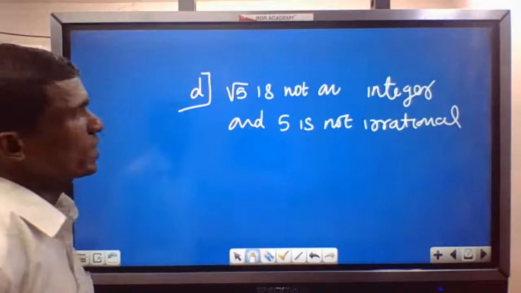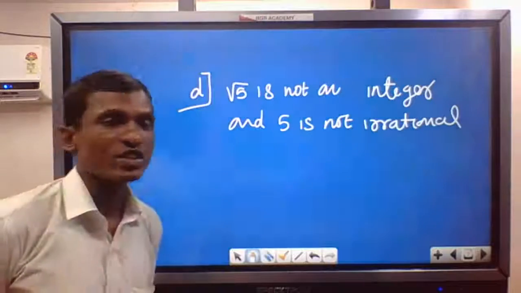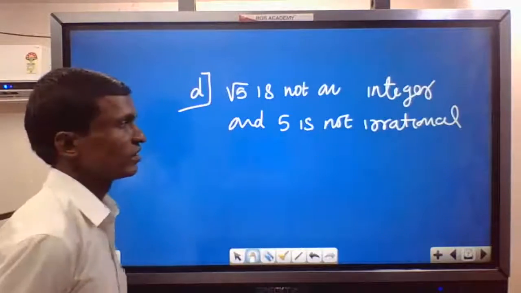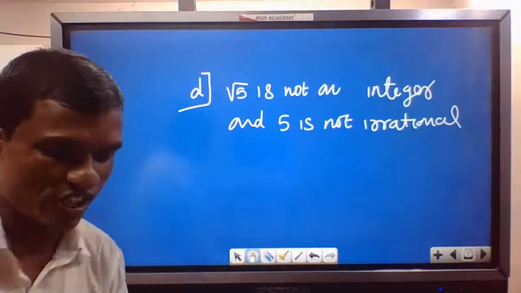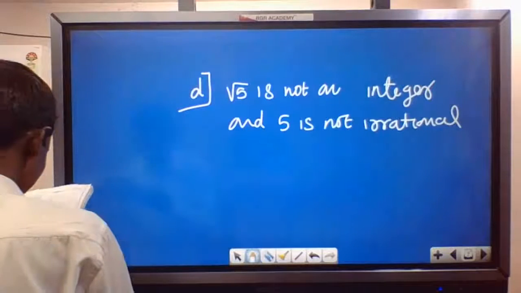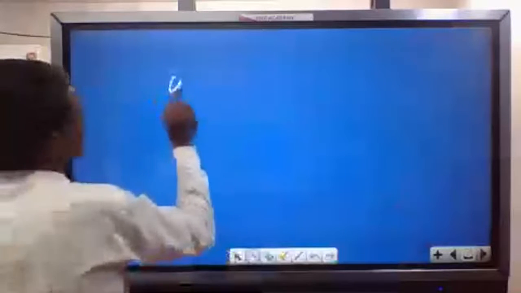So the D option is correct: root 5 is not an integer, and 5 is not irrational. The next problem. Following statement.